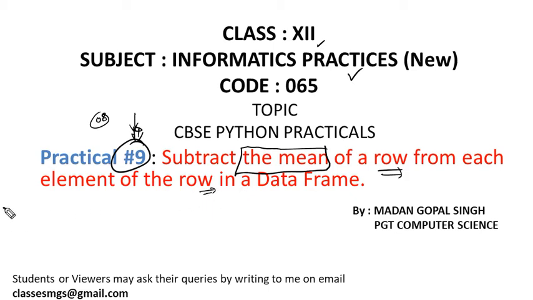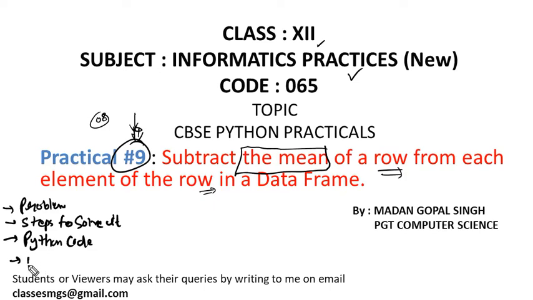Okay, so what we are going to discuss, we are going to discuss the problem first in detail, then the steps to solve it, and then we are going to write the Python code, and then we are going to run the code in Spyder.